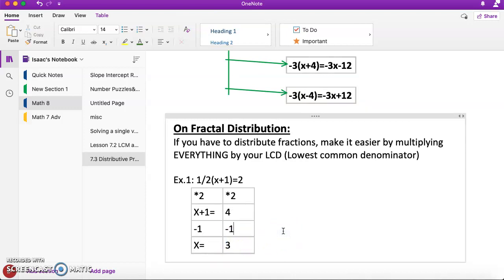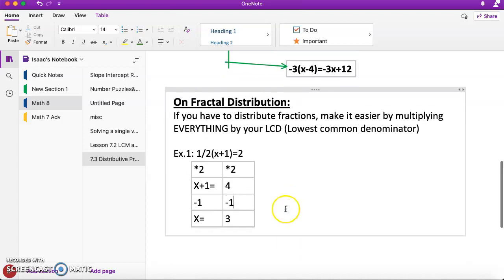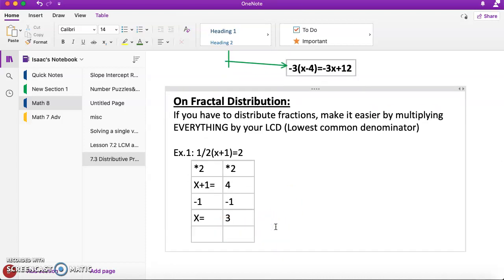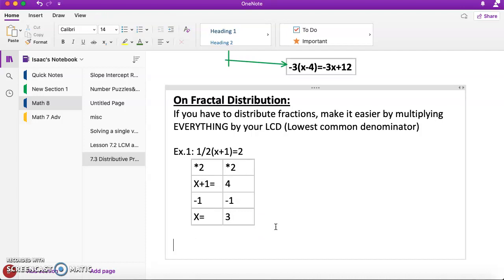Now for the last one today, a little more complicated. Let's say I've got this instead. Example 2.